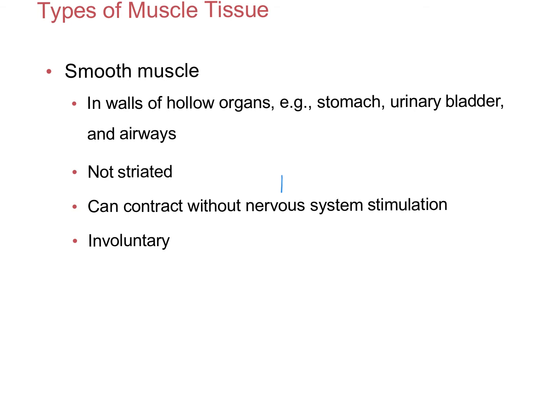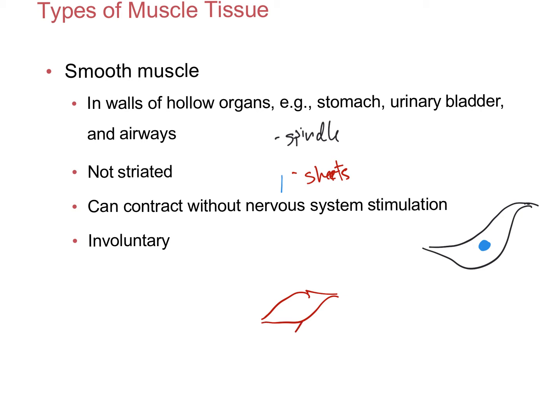And they are spindle-shaped, meaning that they are thinner at the ends than they are in the middle. Most of the time, they are found in sheets of cells. So you will have a cell like this, and it will be attached to other cells nearby in a sheet pattern.